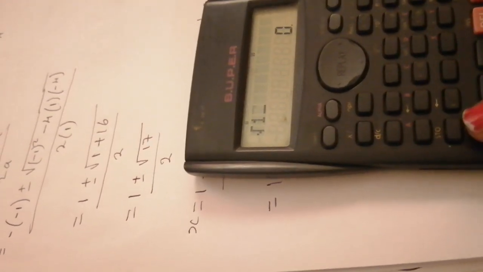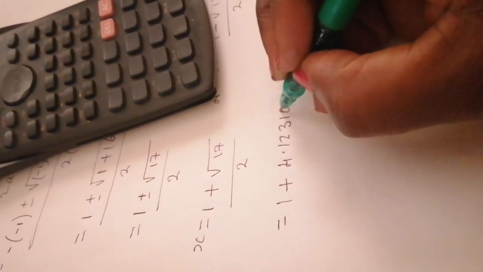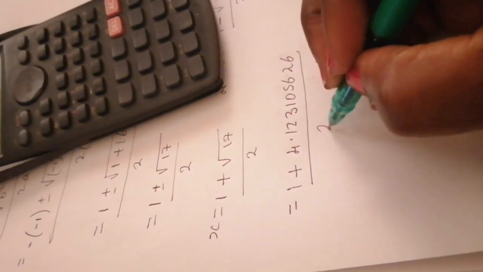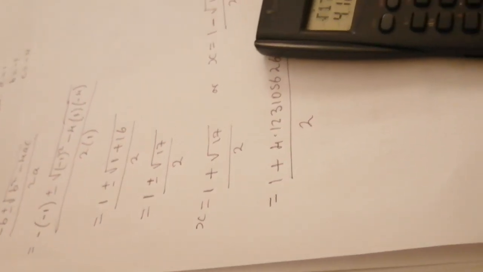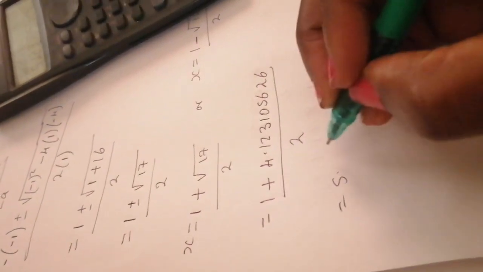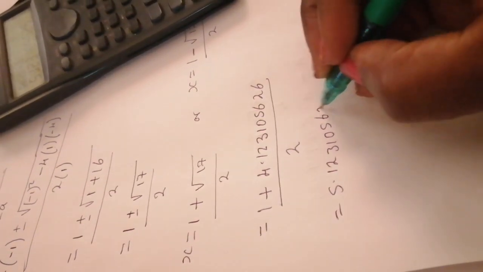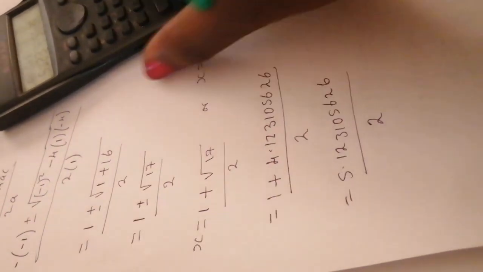Square root of 17 is 4.123105626, everything over 2. 1 plus the square root of 17 will give us 5.123105626 divided by 2.